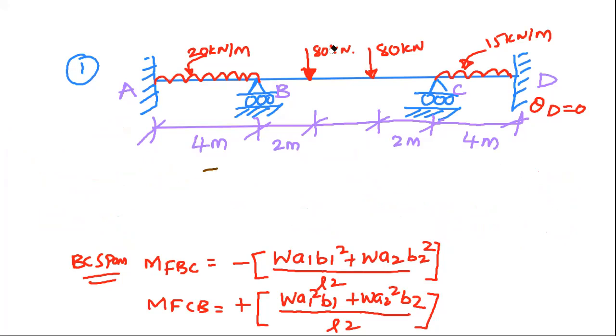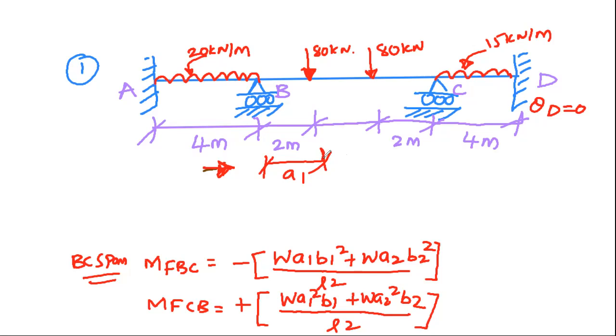Now you see here, in the BC span you have to move from left to right, from B to C. In B to C, A1 will become 2 meters. B1 will become 4 meters, from here to here.